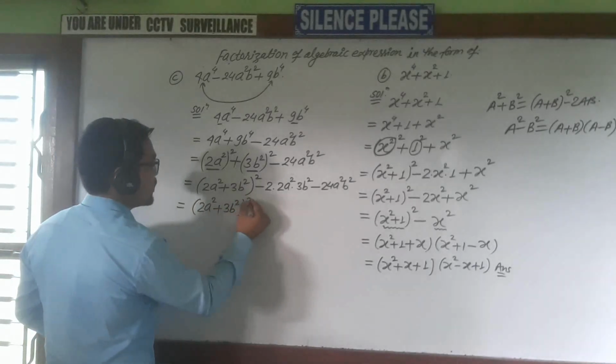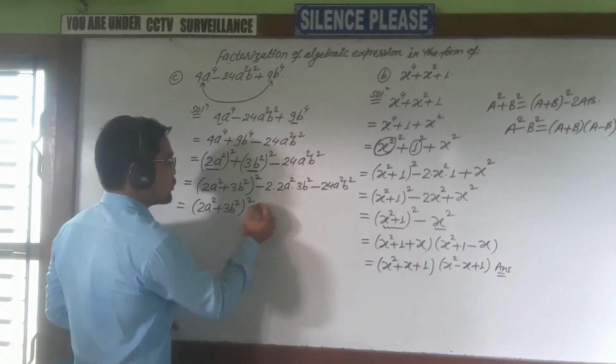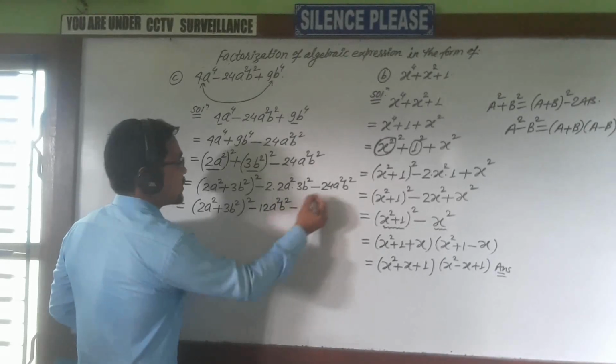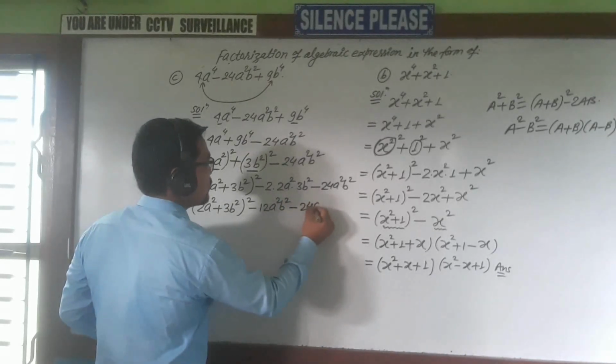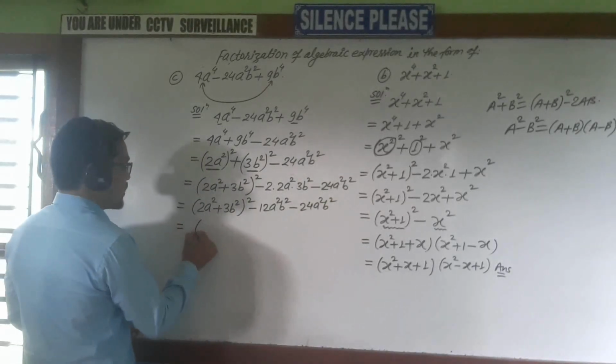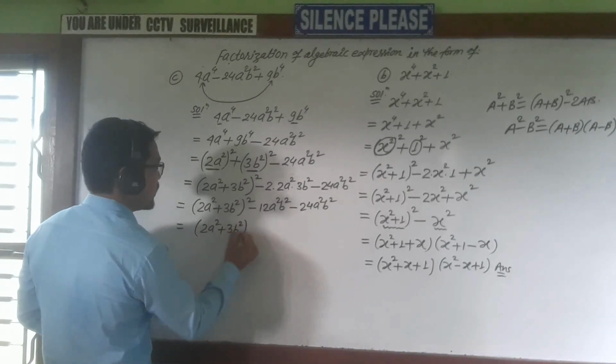We multiply 2 into 3 into 2, 12, so it becomes minus 12a square b square, minus 24a square b square we have to put as it is. This is equal to 2a square plus 3b square whole square.